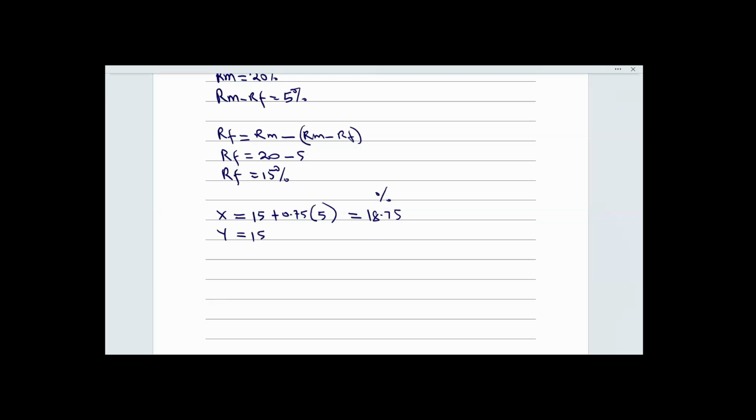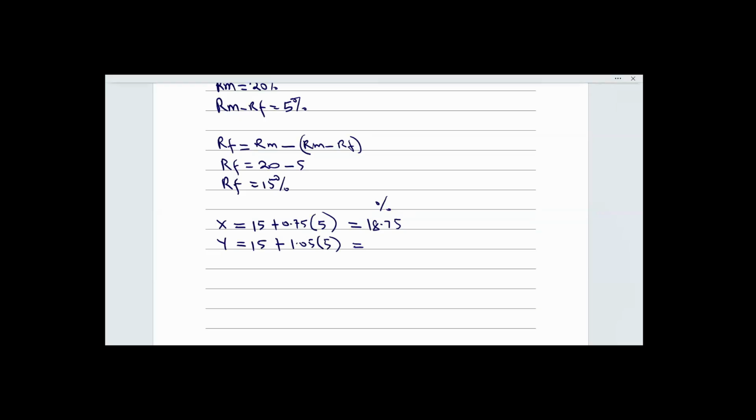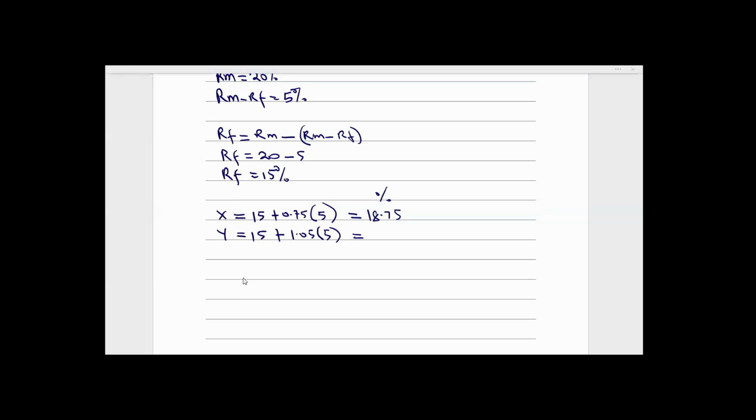Then we do it for security Y. The risk-free rate of return is 15. The beta value of security Y is 1.05 into the risk premium of 5. So 5 multiplied by 1.05, then plus 15, equals 20.25%.